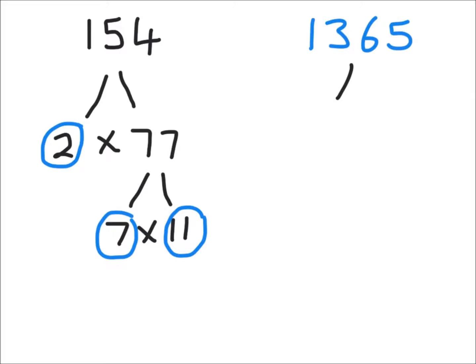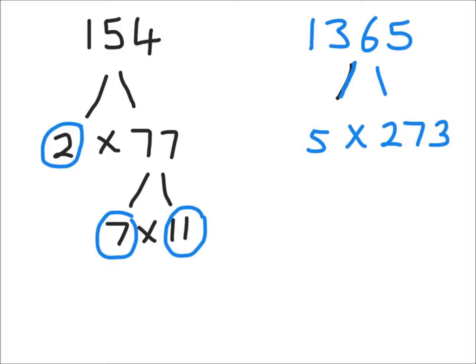So how many 5s altogether? Well, we had the 200s, and then we had the 60, and then we had the 13. Add them all together, the 200, the 60, and the 13 gave us 273 5s.